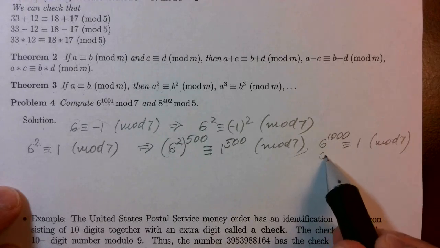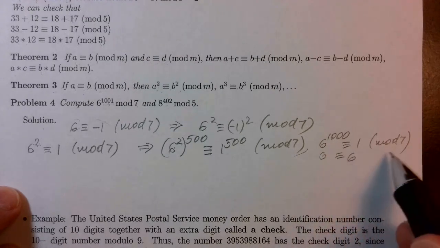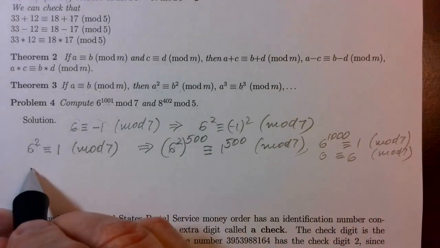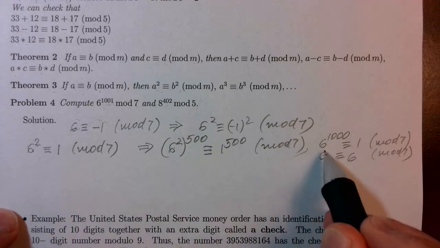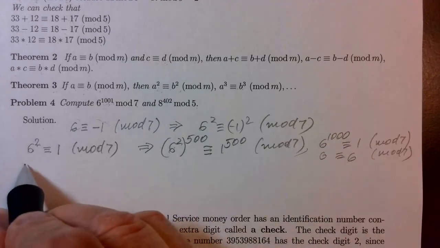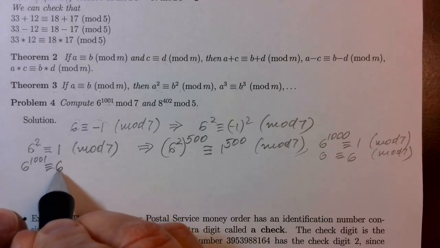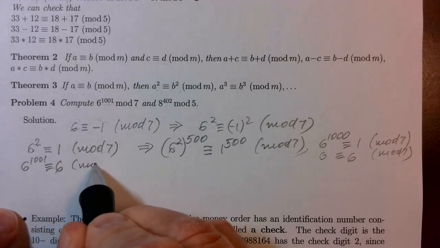Multiply 6 is congruent to 6 mod 7. And you'll get 6 to the power 1001 is congruent to 6 mod 7.